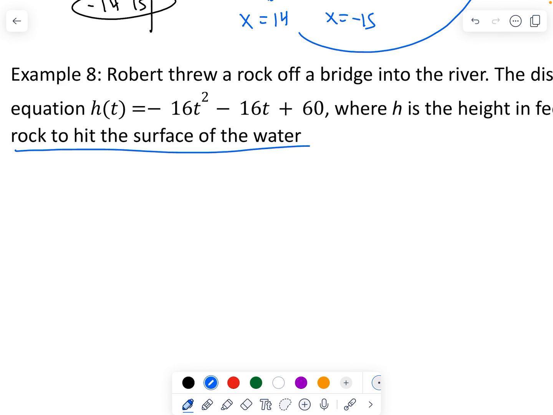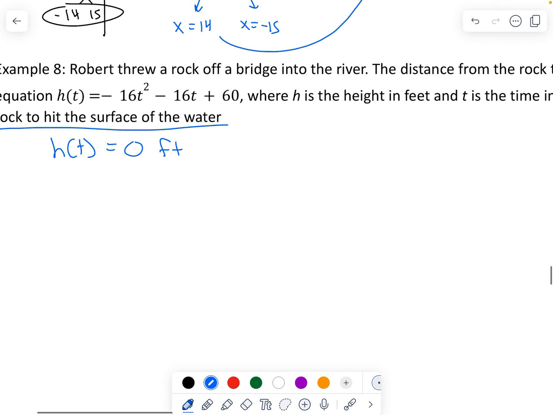For the rock to hit the surface of the water would be a height of 0 feet. That's important to realize because that means I'm going to take the function given to me and plug 0 in for the height.